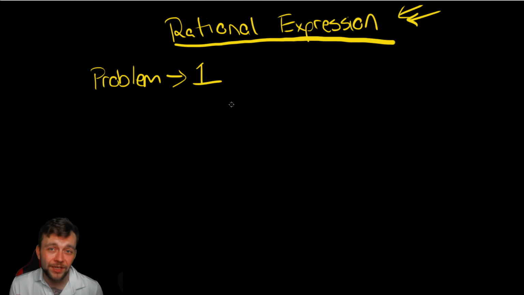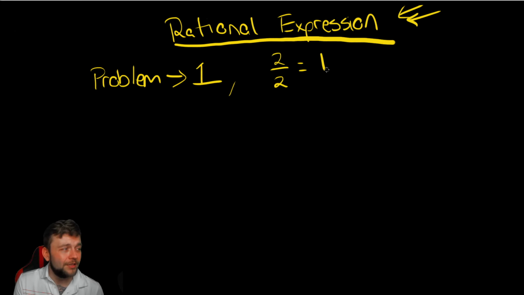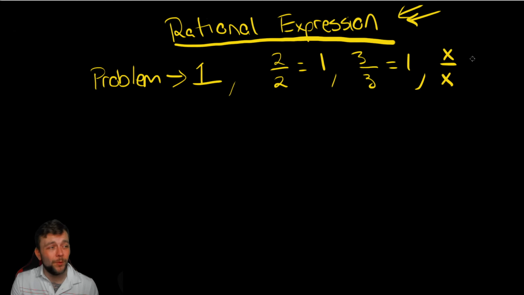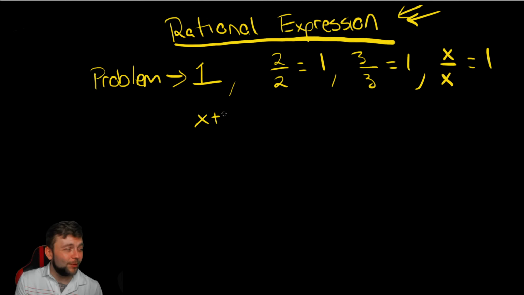How many different ways can you write the number 1? Well, we have 1. We have 2 over 2, right? That equals 1. We have 3 over 3. Yeah, that also equals 1. But you also can write it as x over x. This is where people start to feel a little bit uncomfortable, right? That also equals 1. You can also write it as x plus 1 over x plus 1.